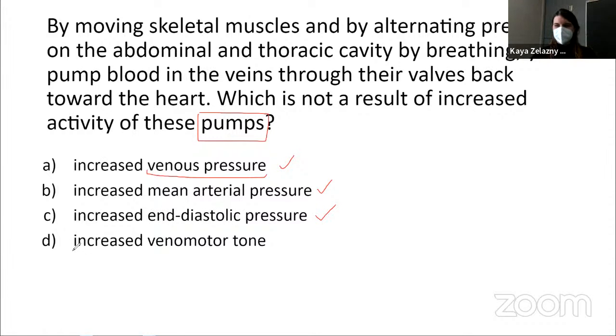What's not happening as a result of the pumps is the increase in venomotor tone. It might be happening at the same time, right? But that venomotor tone is from the sympathetic nervous system, right?